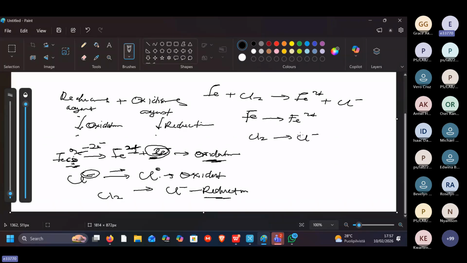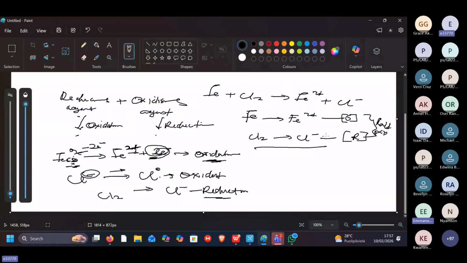We have separated them into their half reactions, and you see that this one is going through oxidation and this one is going through reduction. Do you agree? Yes, sir. We separate them, but they are happening at the same time. So this is their half reaction.